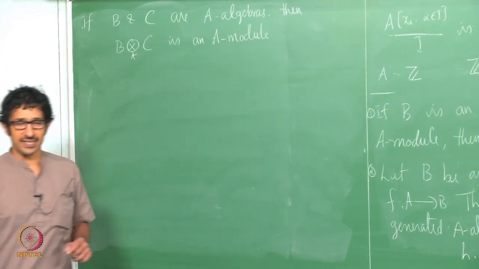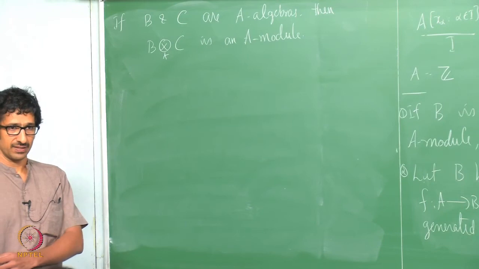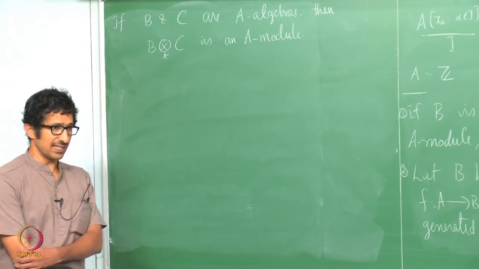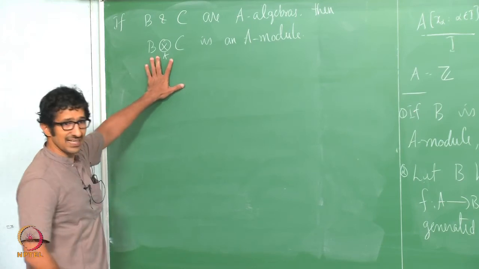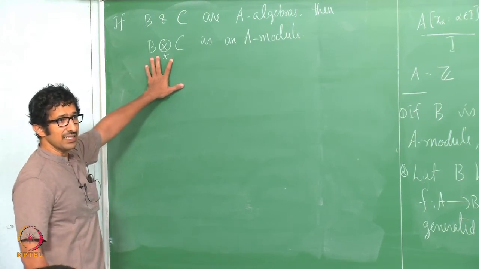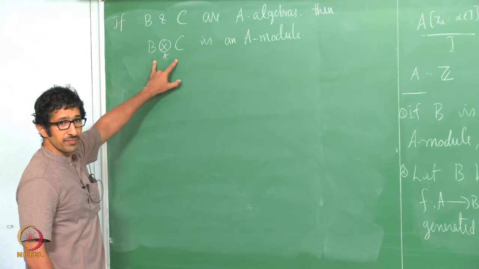As A modules I can take tensor products, right. This is an A module and this has a ring structure by taking the multiplication.